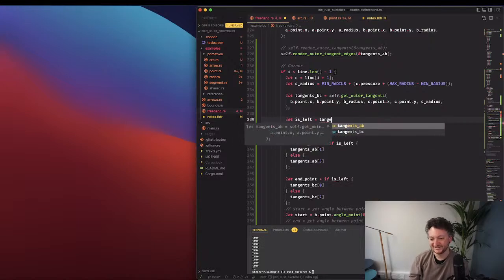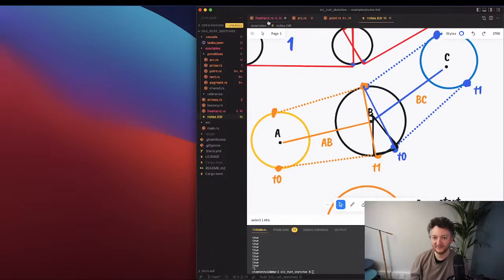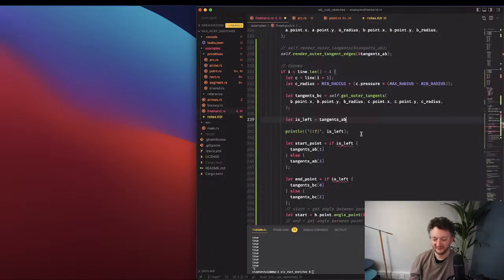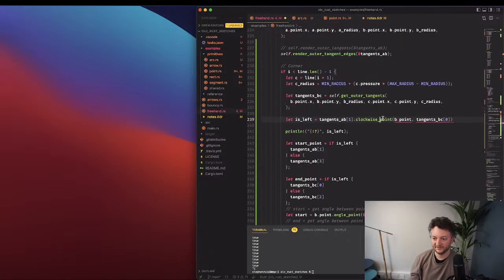So left is tangents AB T1, which is 1, dot clockwise point, center is B dot point, and then the other is tangents BC 0. That's right. And then I have to make references.